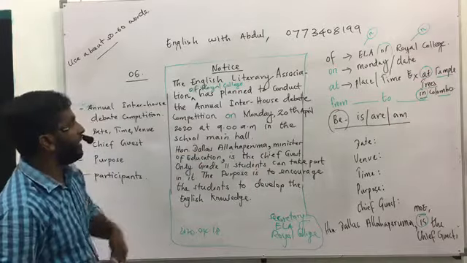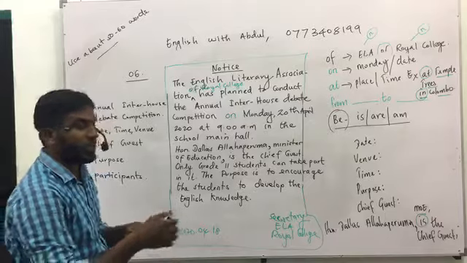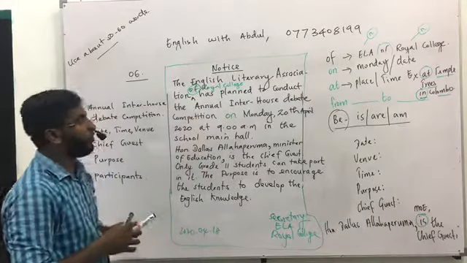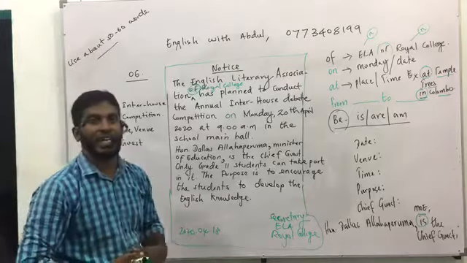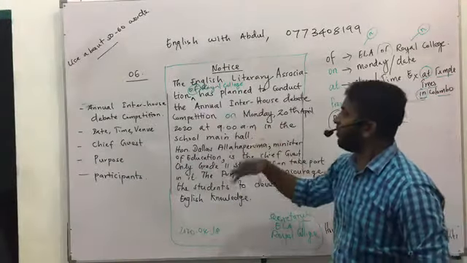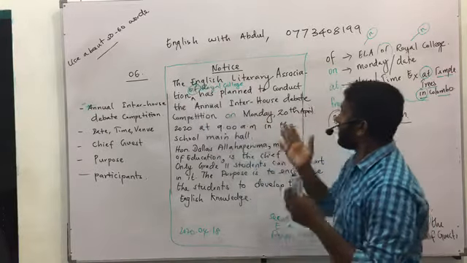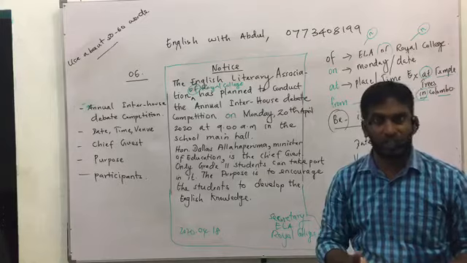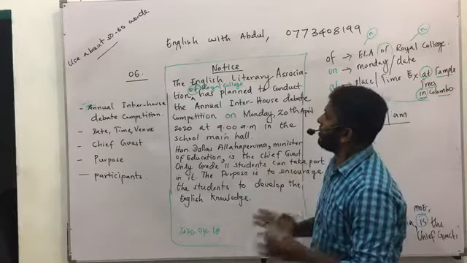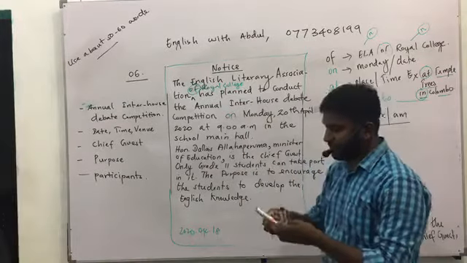You see, I have used this preposition of here. So you can simply understand. The English Literary Association is available in Royal College. That's why we have written here, the English Literary Association of Royal College has planned.